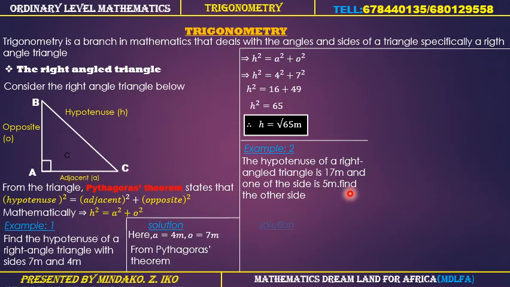So let's continue. We have the solution there, from the Pythagoras theorem. We are still using the Pythagoras theorem, which is very useful in mathematics and even in some physics problems. From the Pythagoras theorem, h squared equals a squared plus o squared.